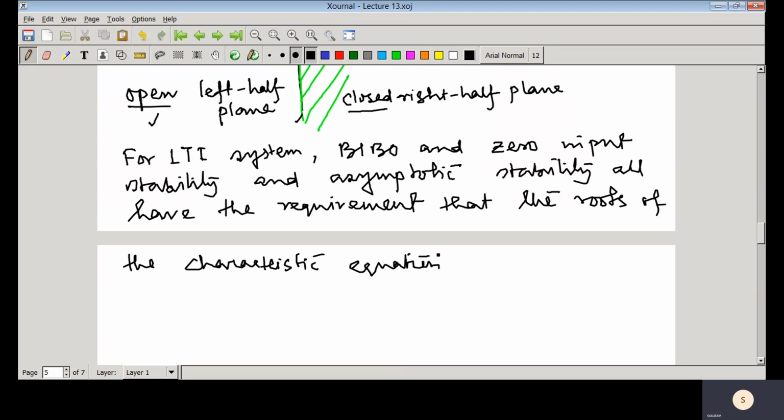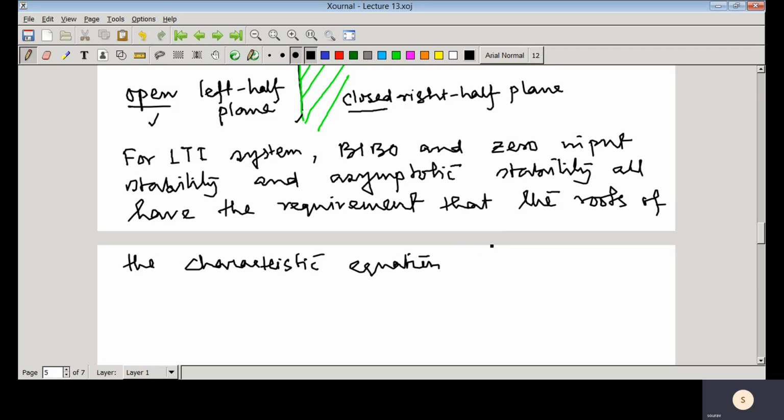So characteristic equation means whenever you have a transfer function G(s) equal to numerator polynomial divided by denominator polynomial, the denominator polynomial equal to 0 gives you the characteristic equation. Or if you are in state space framework, the determinant of (lambda I minus A) equal to 0 gives you the characteristic polynomial. We have discussed those things in the modeling part.